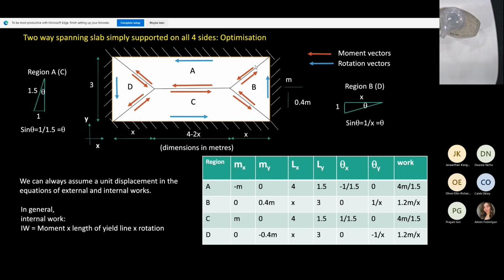So when you project this yield line now onto the y-axis, what do you get? Don't look at the table, just look at the figure. This is the yield line for region A. Project it onto the y-axis. What does it give you?